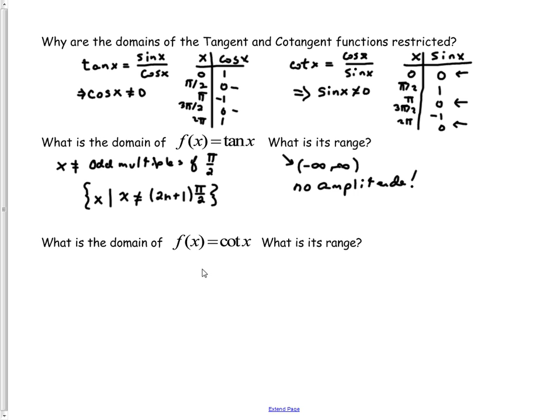And so if we're looking for our domain of cotangent of x, we found that x could not equal multiples of pi, just any whole number multiples of pi.